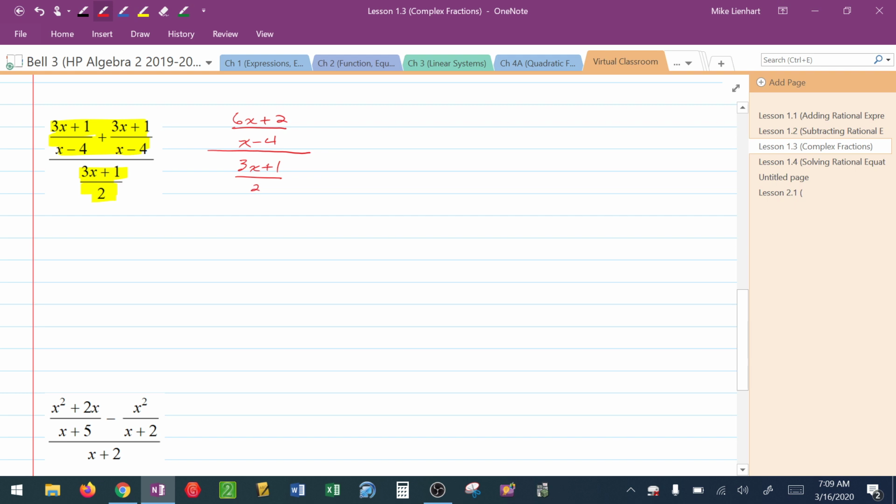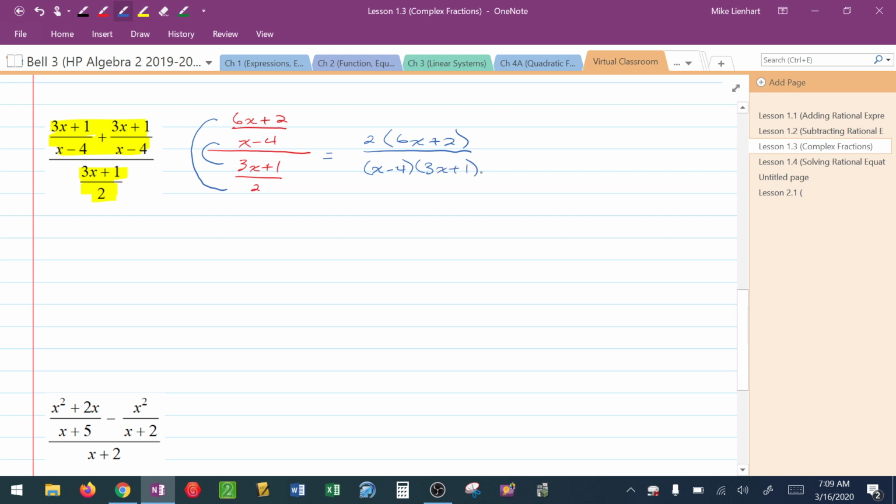Okay? When I have this scenario, now I'm going to use my big C, little c. So that's going to leave me with 2 times 6x plus 2 over x minus 4 times 3x plus 1.